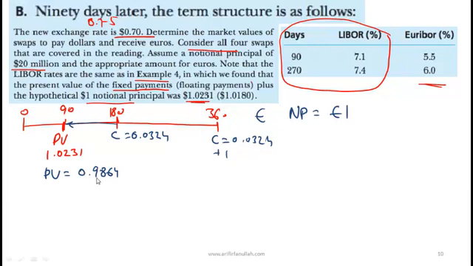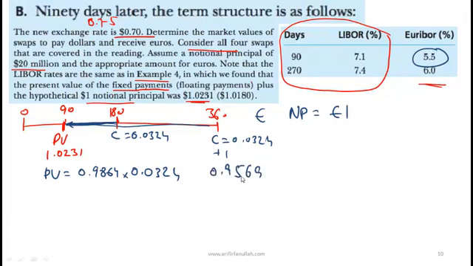That is based on this 90-day rate for 1/4 of a year. So the present value will be this discount factor multiplied by the C, 0.0324, and the other discount factor, which is from here to here, is 0.9569.